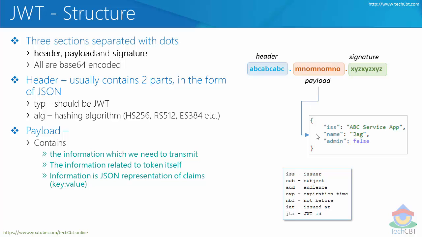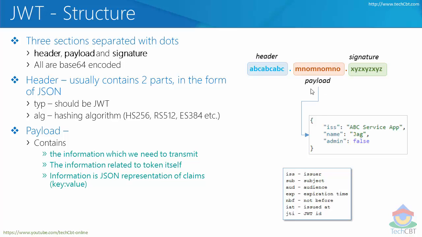Usually this is the information which will be used by the application to have certain UI elements made available based on the authorization it might have. Like, if it is admin, I would like certain UI elements to be shown. If it is not admin, I do not want certain elements to be shown.